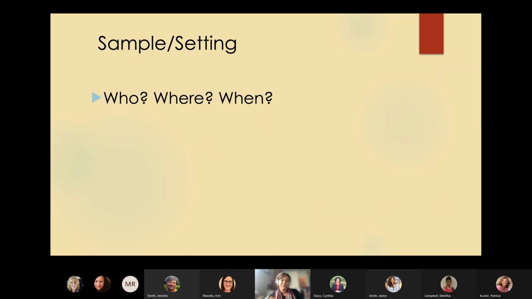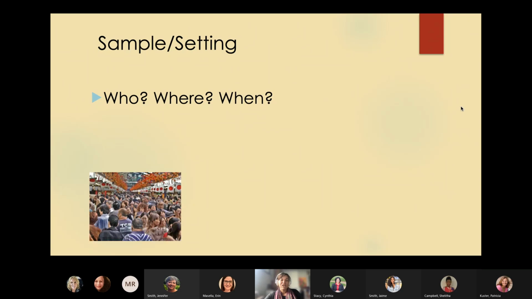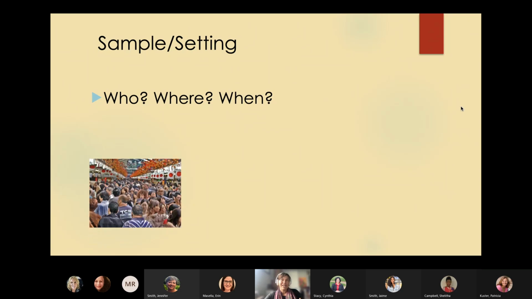And speaking of population, for the sample setting section, the who, where, and when, this is really important because when we have a paucity of literature, like many of us do, because we're looking at very specific things, we really need to keep in mind, how is this intervention or this study being affected by the population?